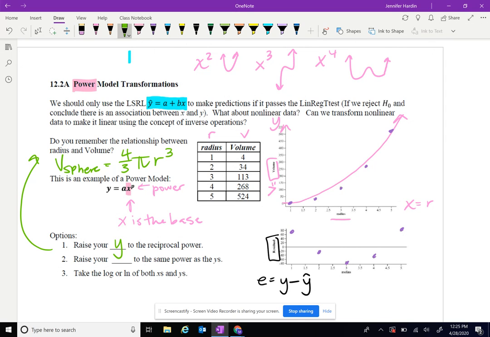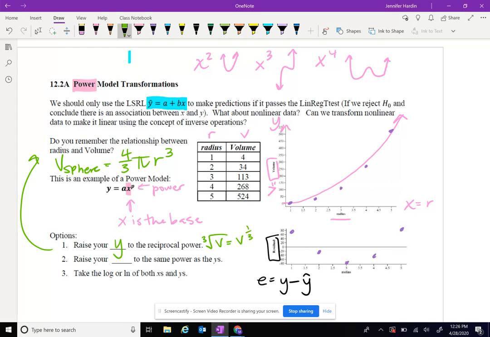So if you knew that your base, in this case r, was being raised to the third power, you can fix this and we could take the cube root, or v to the 1/3 power, and then our units for x and our units for y would be the same units. You would be comparing inches to inches, not inches to inches cubed.